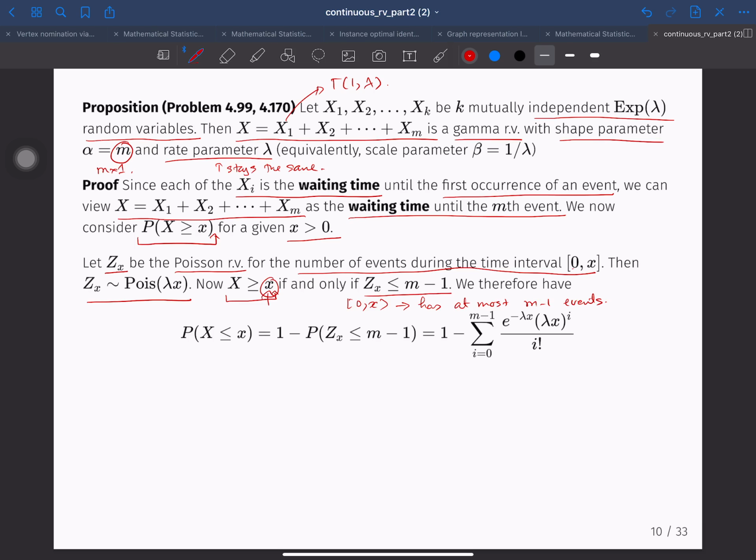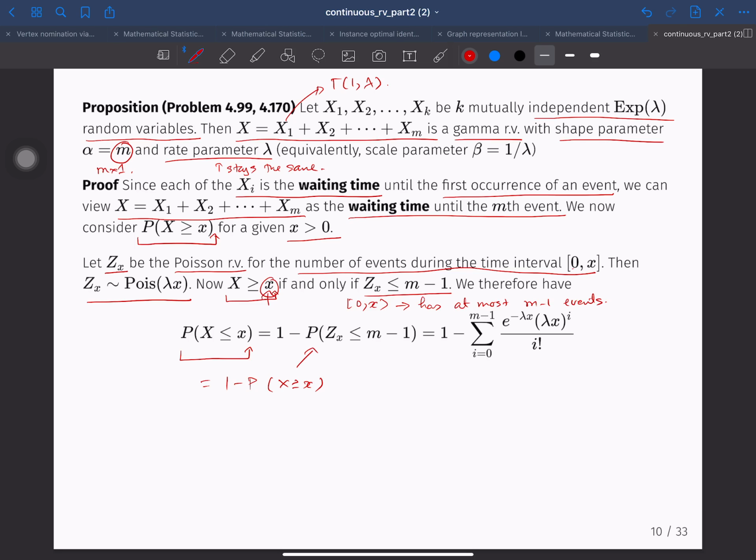And because this is a Poisson, you can easily find the CDF. So the probability that capital X is less than little x is equal to 1 minus the probability that capital X is bigger than or equal to little x. That's the same as 1 minus the probability that the Poisson is less than or equal to m-1.